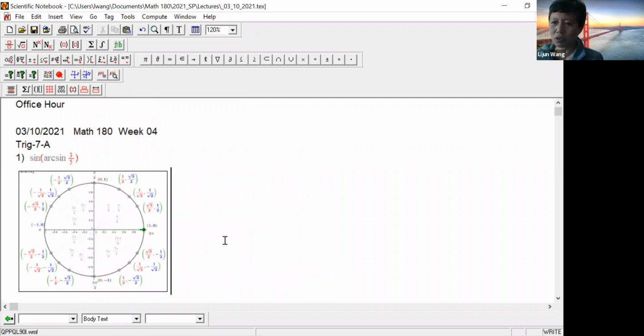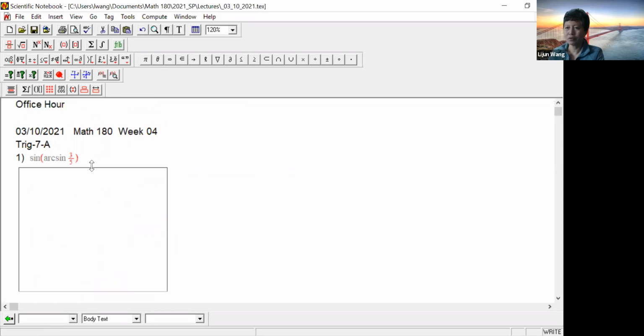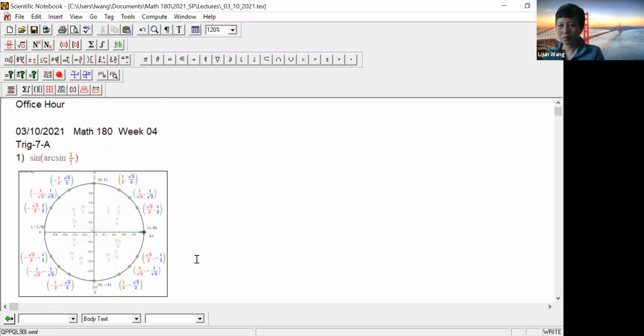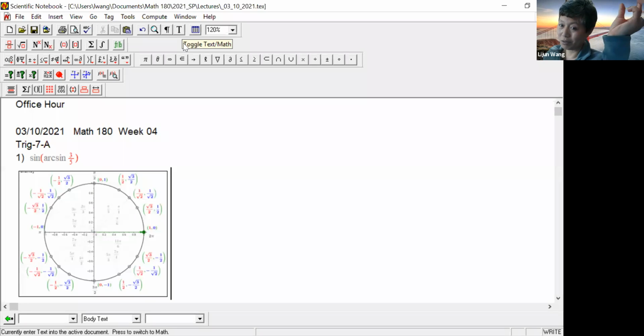We can do it from the definition. We can use the unit circle, but we don't have to use the unit circle. So I'm going to give you another perspective. I'm going back to definition.